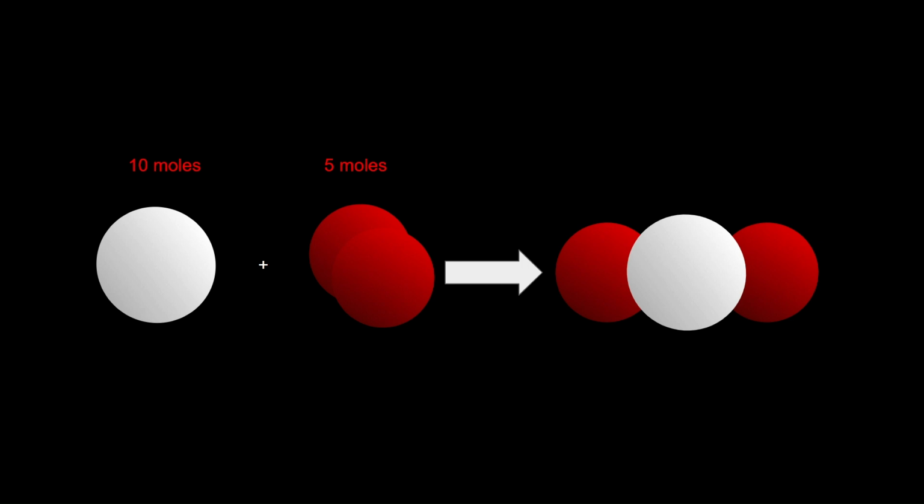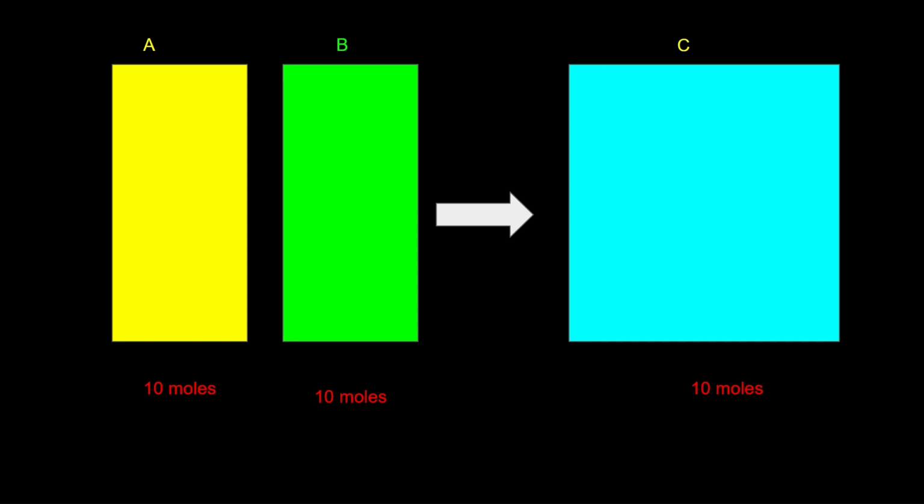There are 10 moles of carbon and 5 moles of O2. How much CO2 is there then? This isn't obvious at first glance. But we know from the other reaction that 10 moles of each of the molecules will make 10 moles of the product.